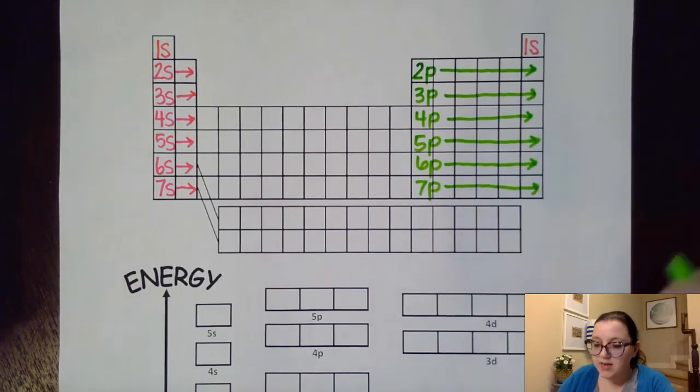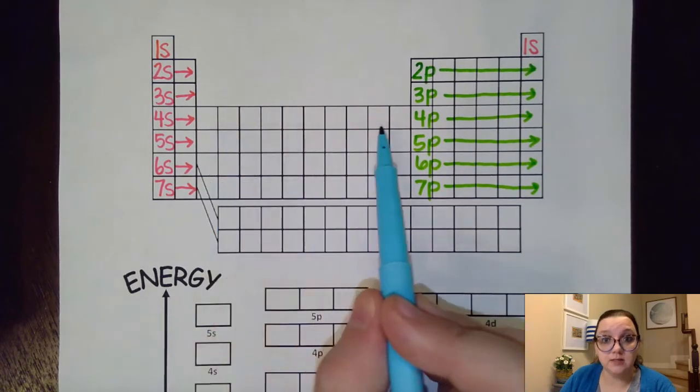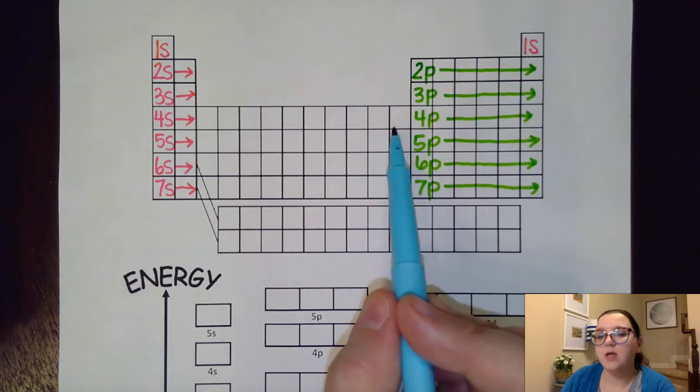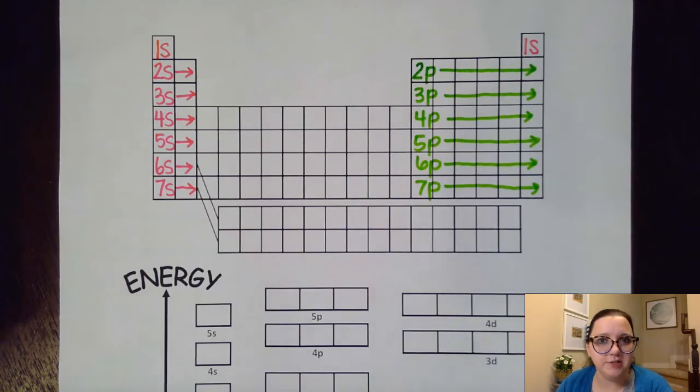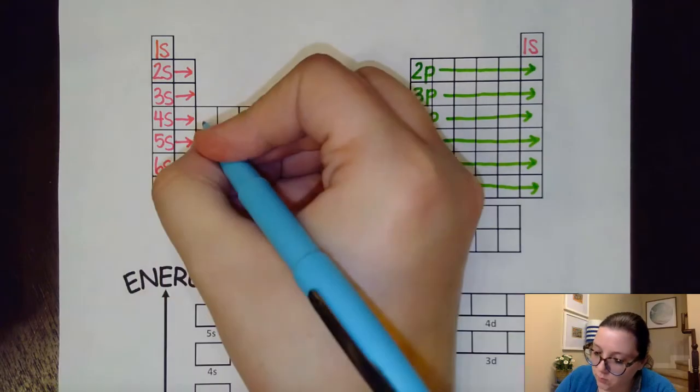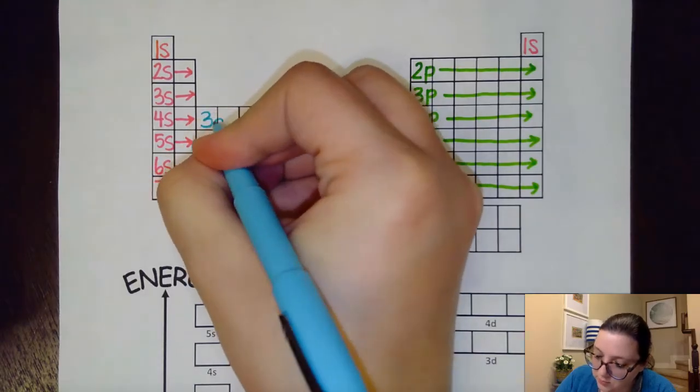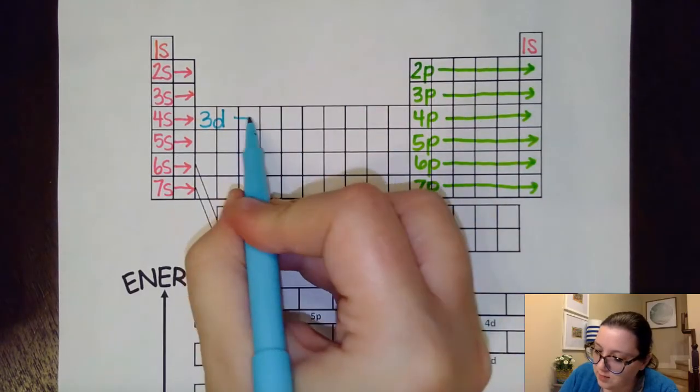All right. Next, our D block. D fills up in the transition metal section, so here in the central part of our periodic table. However, do you remember the first energy level where we see D? We see D start in the third energy level. So right here, this is going to be 3D filling up across.